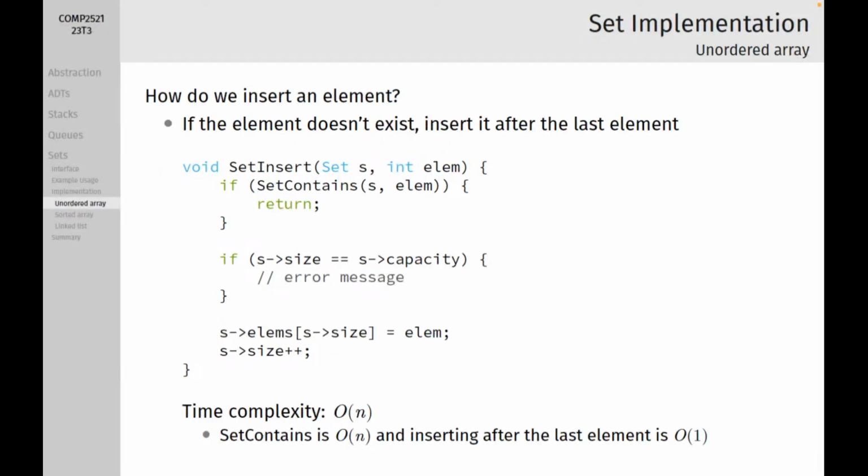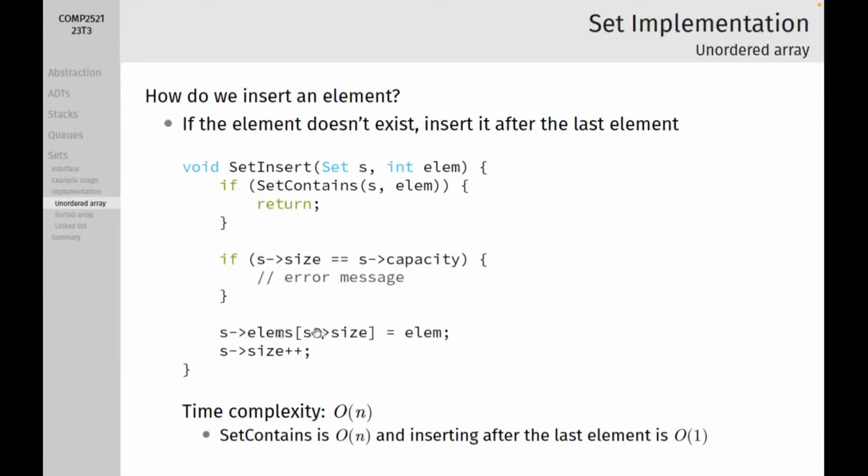Okay, now how do we insert an element? Right, well, first of all, we want to make sure that we don't insert the same element multiple times, right? So we should check if the set contains the given element, right? If it does contain the given element, then we return, right? Because we don't want to insert again. Then we make sure that we haven't run out of space in our array. And then we insert the element after the last element. Right?